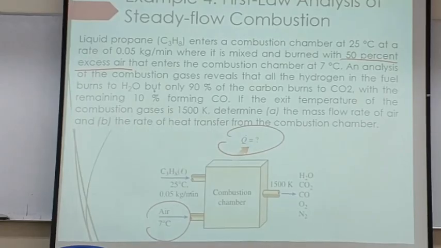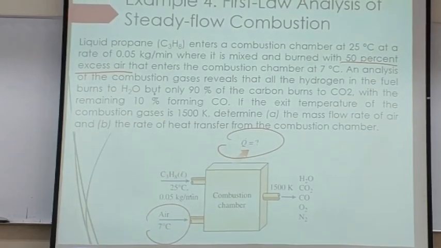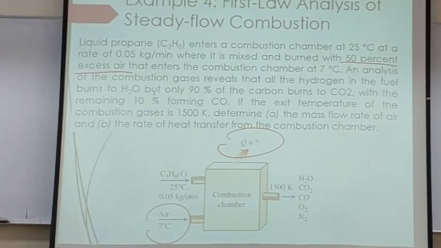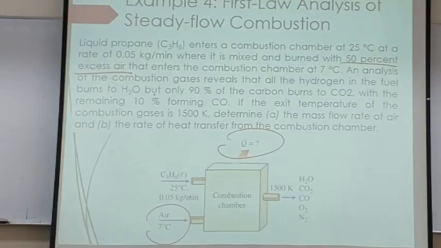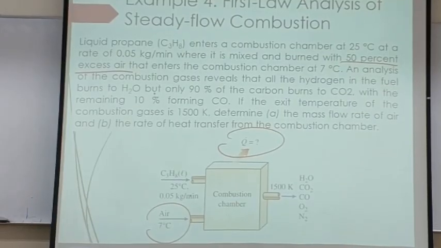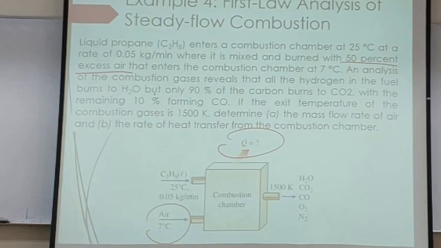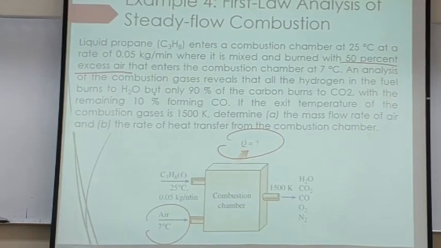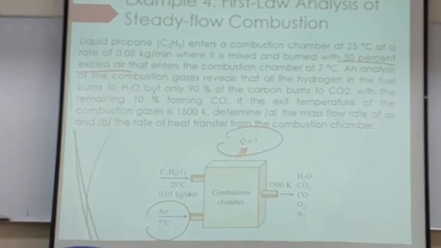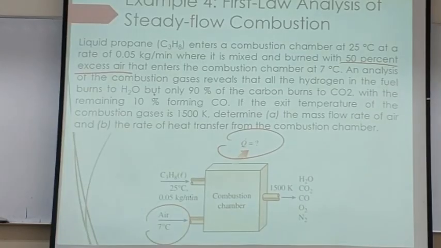So you are told that you have 50% excess air. Okay, but how much is 50% excess air? And then how do you find that? Usually, this is a step in combustion that I will encourage.